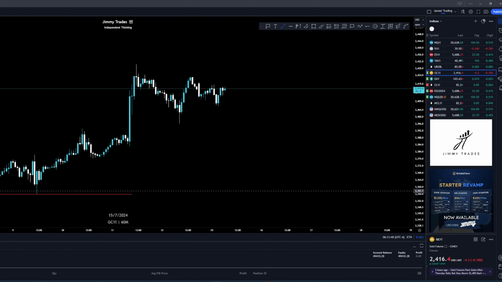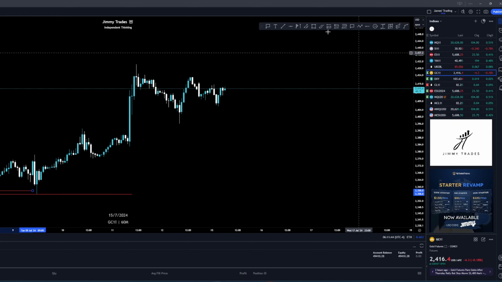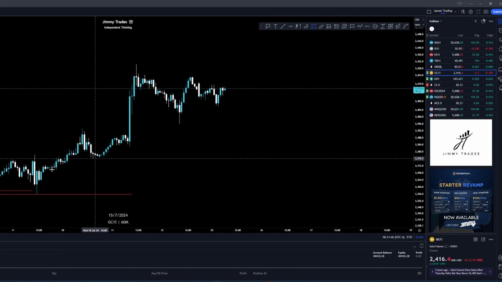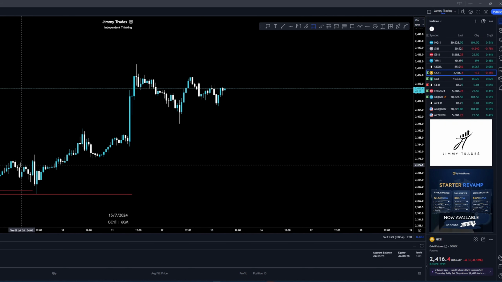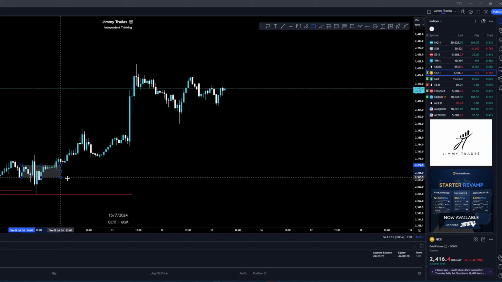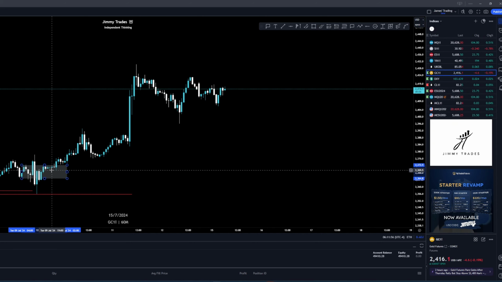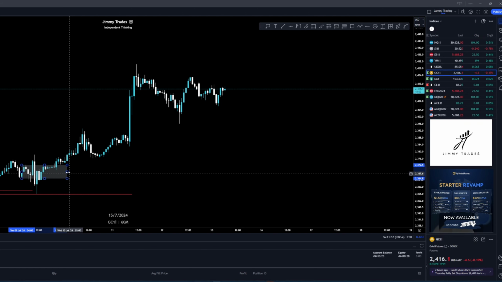But we did get a sweep of this low here. And we get a breaker here with a tiny little FVG just in here. So that is an hourly bullish unicorn.